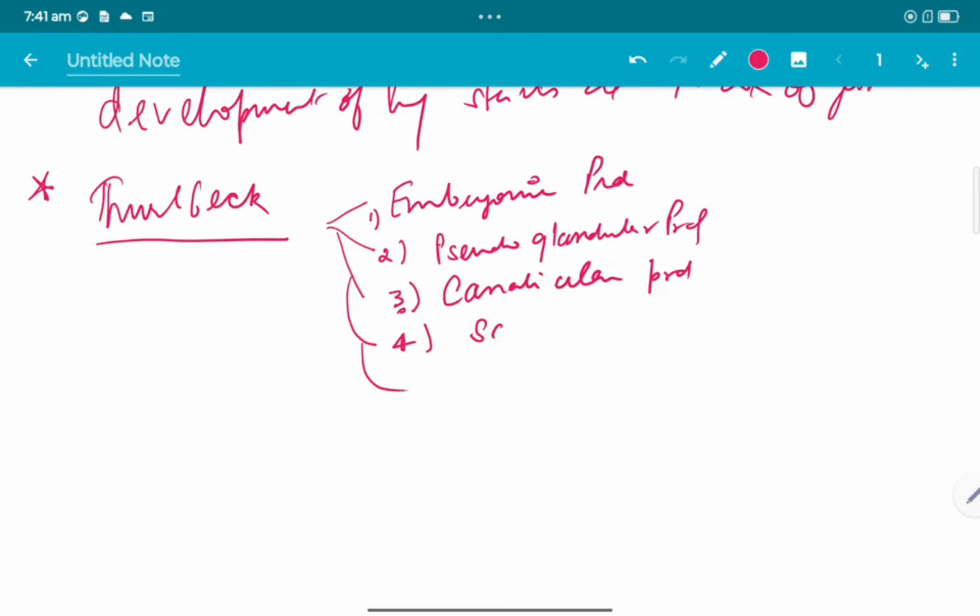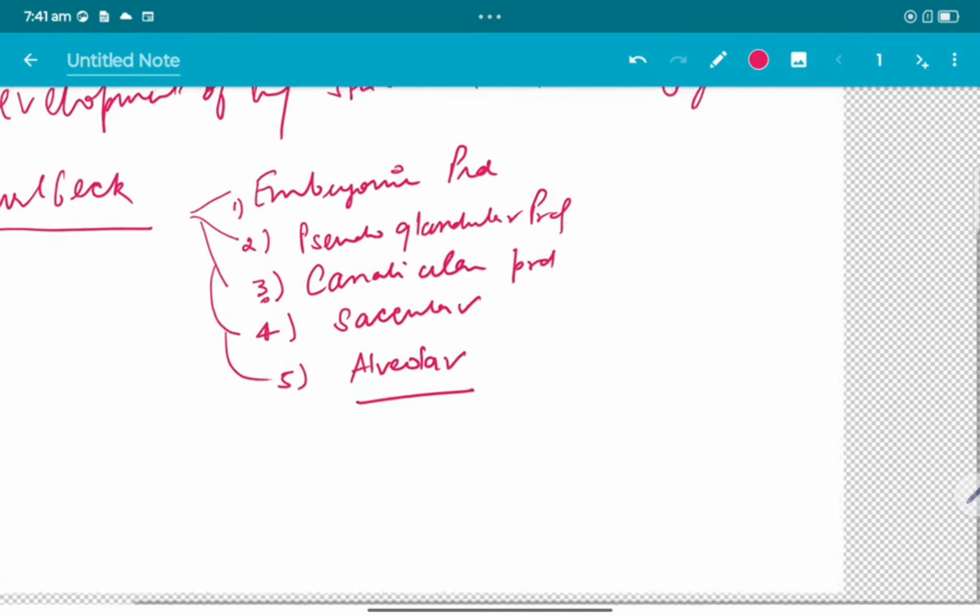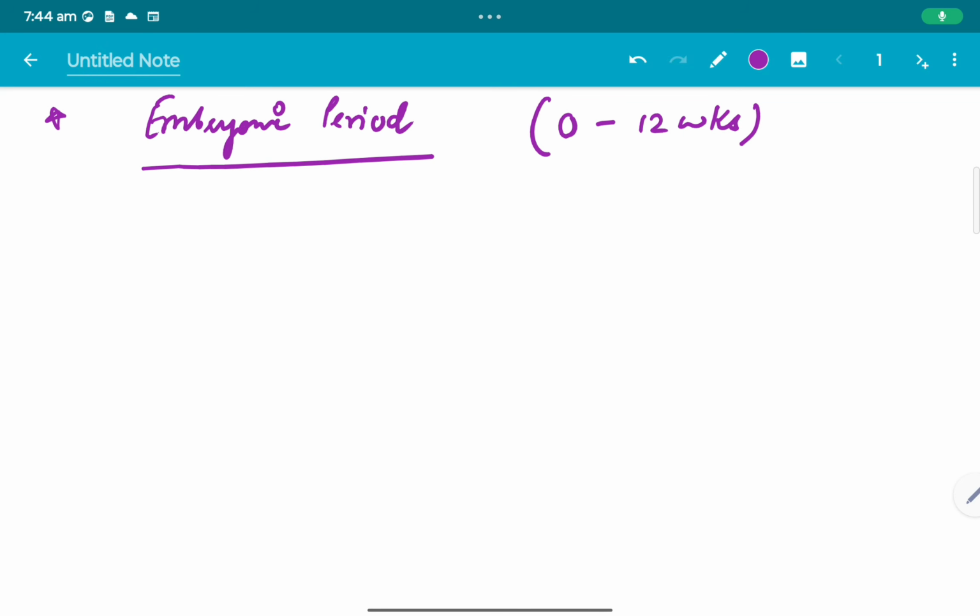Fourth is saccular. And fifth is alveolar. Okay. So these are the five phases. So the embryonic period in the lung development varies from 0 to 12 weeks. First 3 months is the embryonic period.